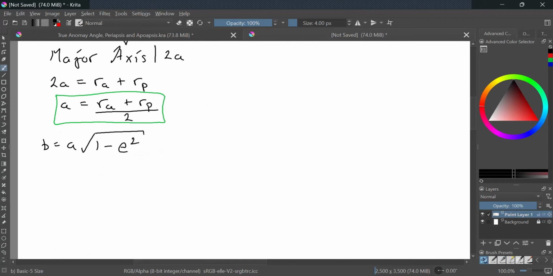Semi-major axis times the square root of 1 minus our eccentricity squared. Managed to say that without getting tongue-tied.